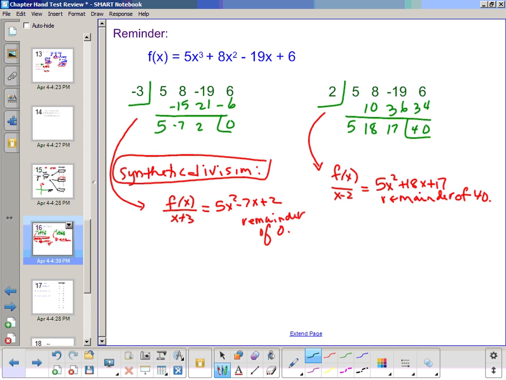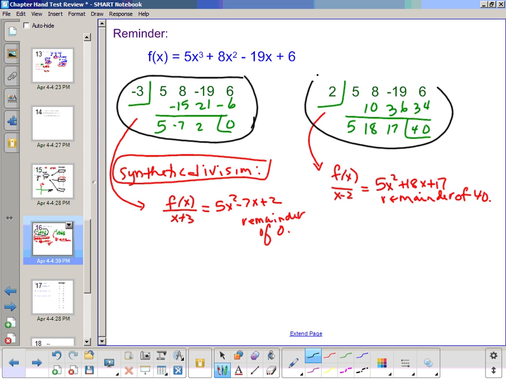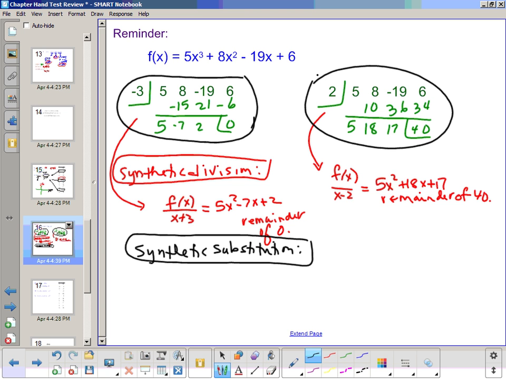Now the thing is, we could also look at both of these little schematics here, I guess I could call them. There's something else that it shows. If we call this process synthetic substitution, then what we've shown on the left is that f of negative 3 equals 0.